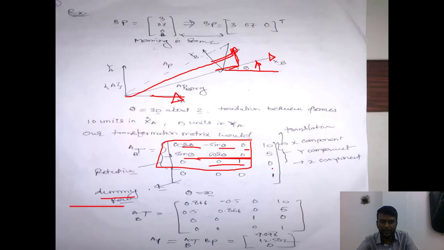And this part involves the translation. So we have a rotation matrix, a translation matrix, and a dummy row, which is added to make it into homogeneous coordinates. This is our final matrix. If we multiply with PB, we'll get the position of this point in frame A.